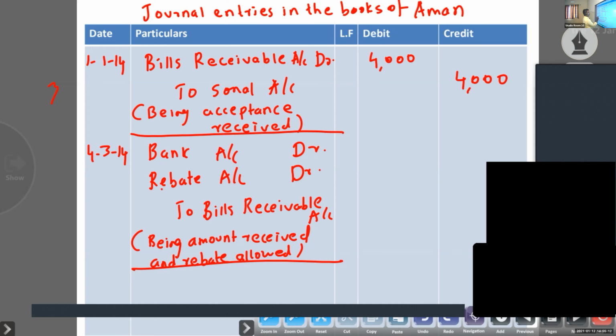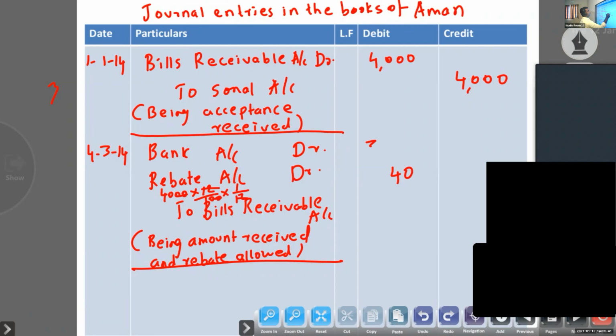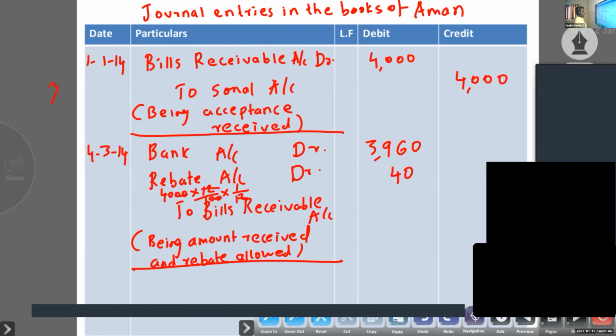So how to calculate: 4,000 into 12 percentage into 1 by 12. So we will get 40 as rebate, and 3,960 out of 4,000.